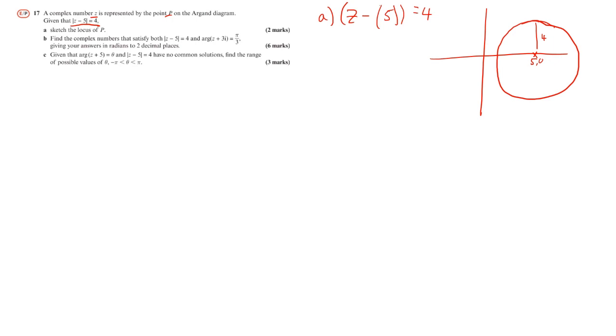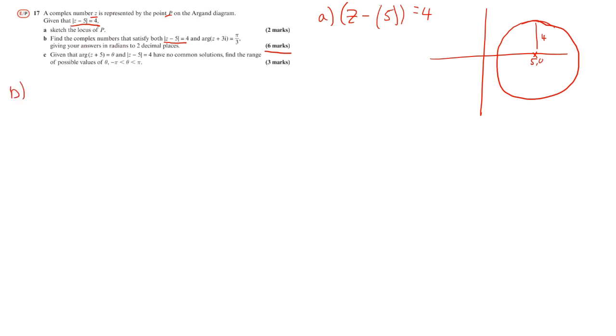Find the complex numbers that satisfy both modulus z minus 5 equals 4 and arg z plus 3i equals pi over 3. This is a long 6 marker, so I'm going to start this.